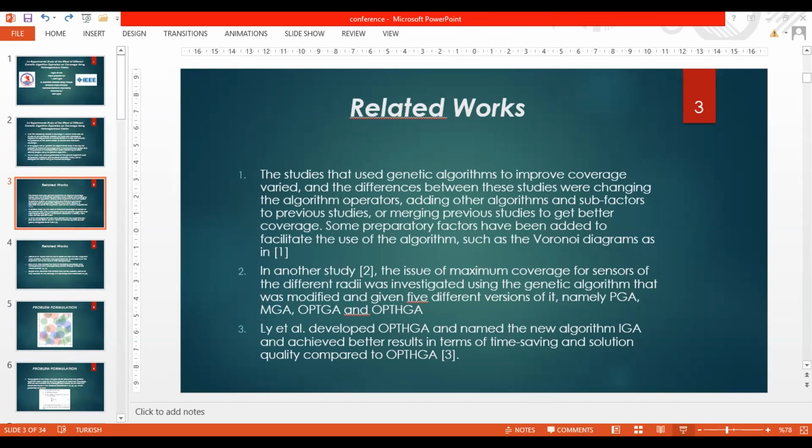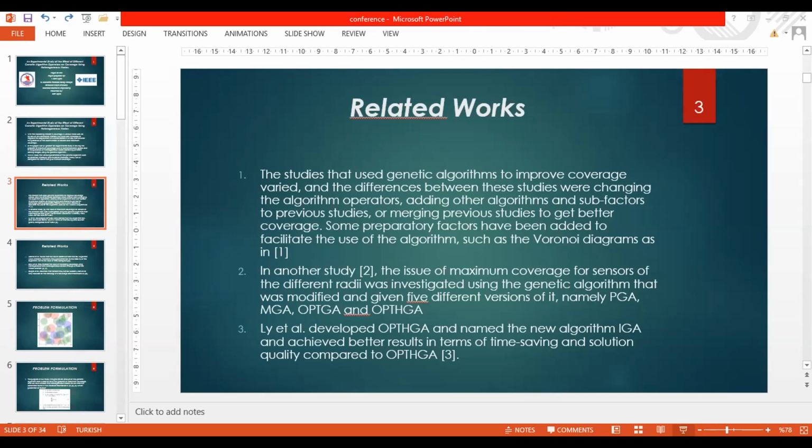Let's talk about the related work. The studies that used the genetic algorithm to improve coverage varied, and the difference between these studies was changing the algorithm operators, adding other algorithms and sub-factors from previous studies, or merging previous studies to get better coverage.